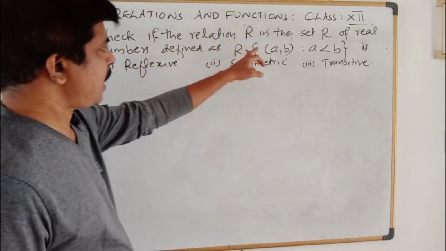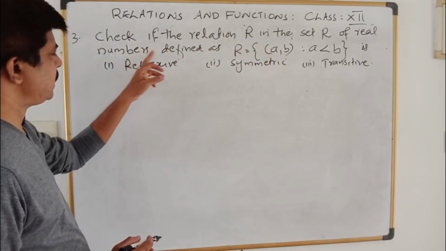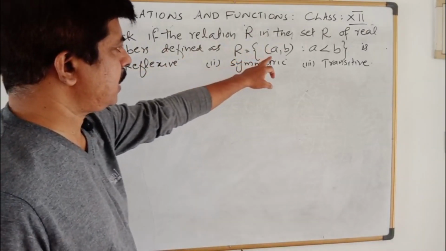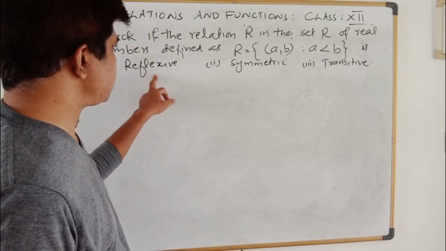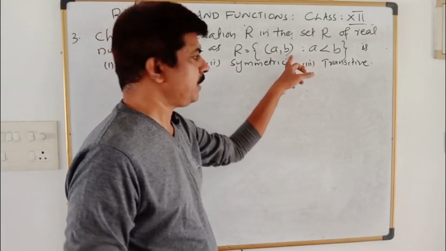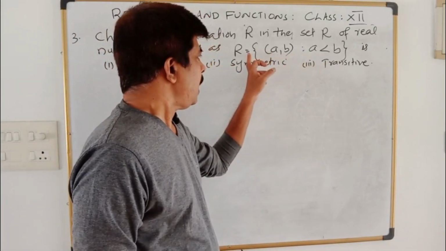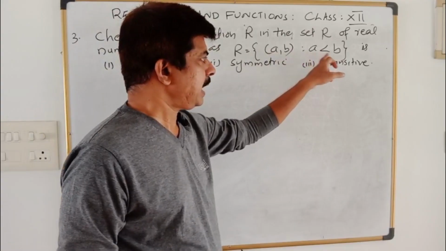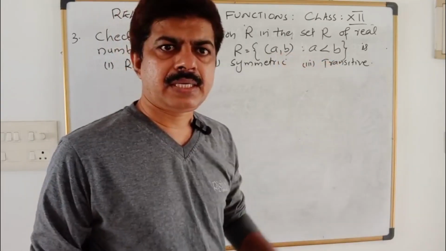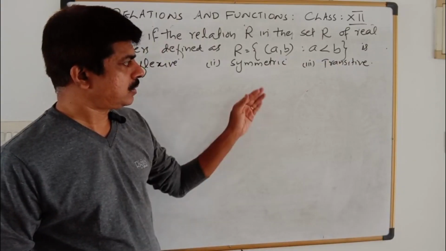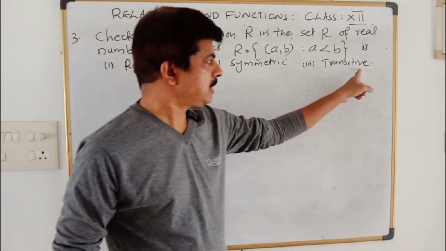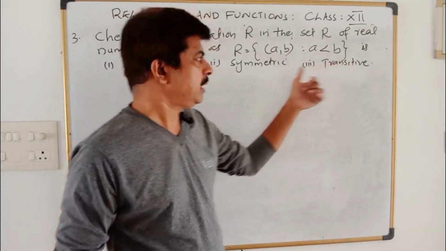Check if the relation R in the set R of real numbers, defined as R equal to ordered pairs AB such that A less than B, is reflexive, symmetric, transitive. We have to check whether the given relation is reflexive or not, symmetric or not, transitive or not.